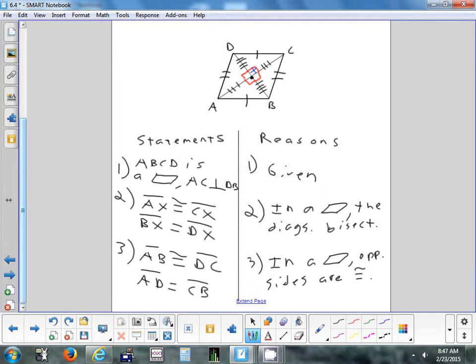Okay, now we could write down, we marked all 4 of these as right angles. We can leave that part off because if you have 1 right angle and 2 things intersect, you automatically have 4. We don't have to get that specific. But now we have to try to start proving triangles are congruent here somehow.